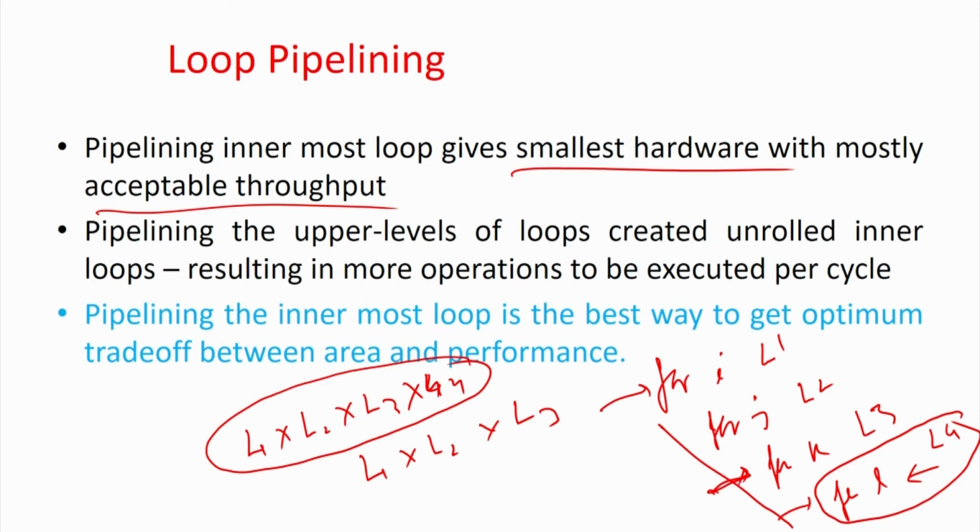Since it is a nested loop, you should always think of pipelining the inner level iterations as much as possible. Okay. So this is what we have discussed about loops and how to choose to synthesize the loop, whether you should pipeline, unroll or partially unroll.